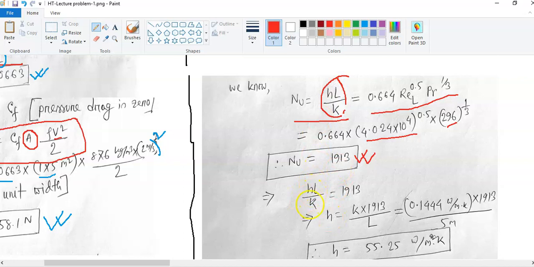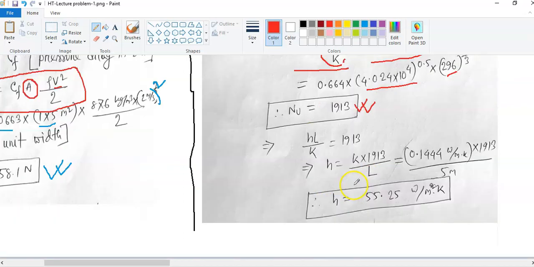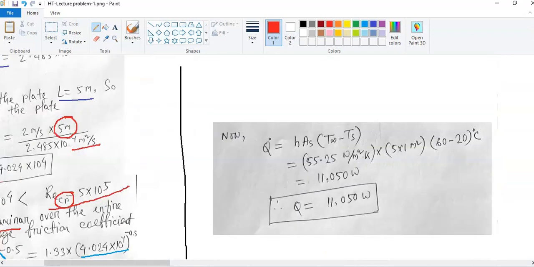So we can write hL over k equals 1913. We solved this expression for h, and it will be equal to the thermal conductivity times 1913 over L. So we substitute the values here, you need to use your calculator. I believe this is not that difficult. So we got h, it is 55.25.